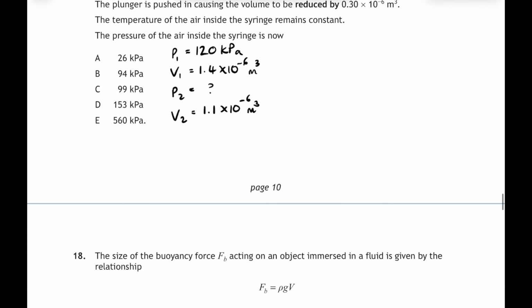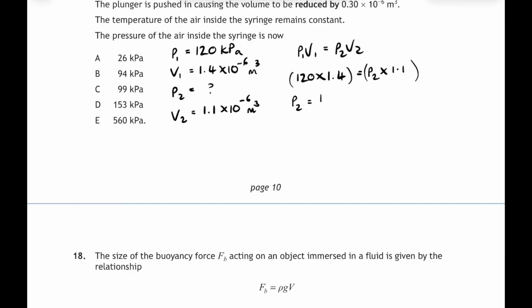Then we're looking for the relationship between pressure and volume. So it's P1 V1 is equal to P2 V2. Sub in your numbers. 120 times 1.4 equals P2 times 1.1. And you'll notice I'm not putting in any prefixes or any powers of 10 because they'll all cancel out once we do the arithmetic.